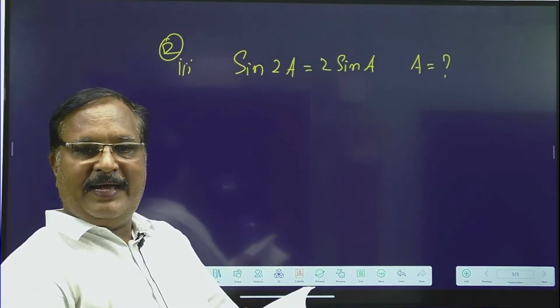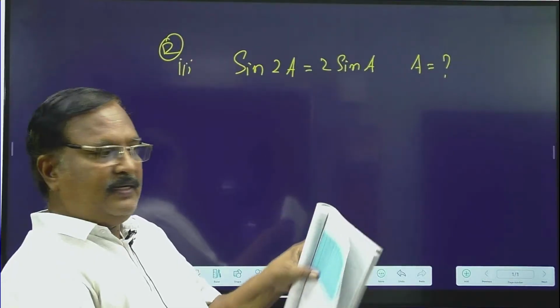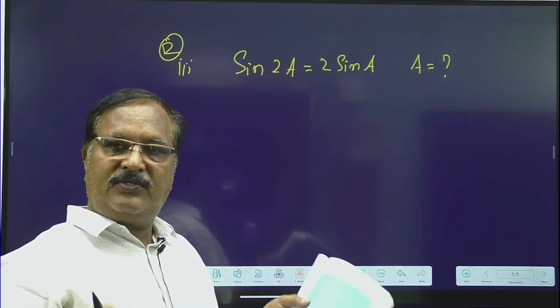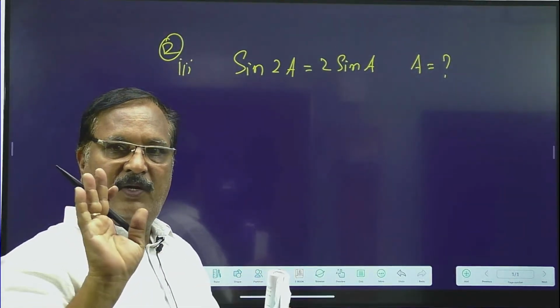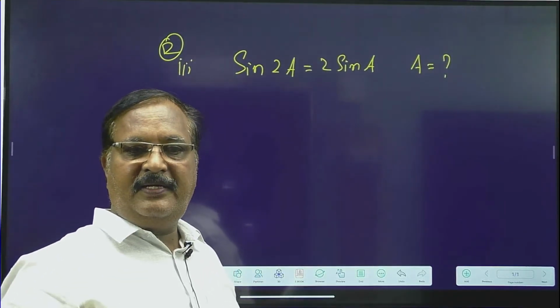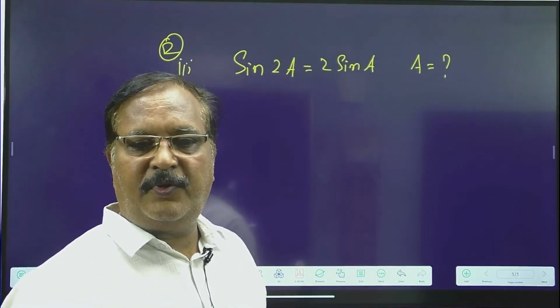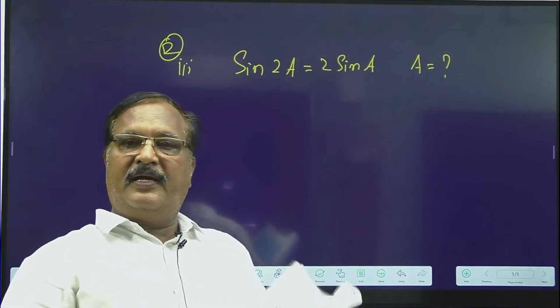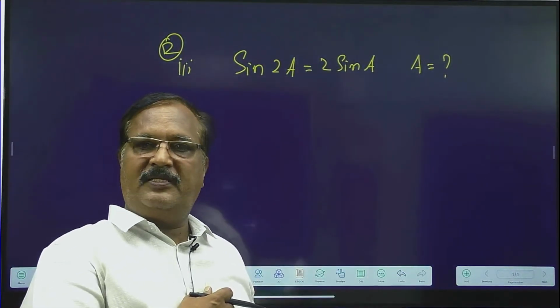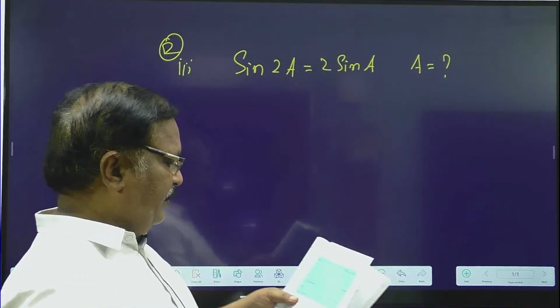I am going back to the table. In the textbook only the table is there. I advise all my students to have these values on a small card and keep it in the pocket. As long as you do trigonometry, keep that values card with you.